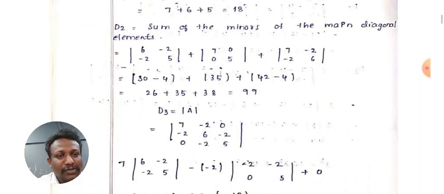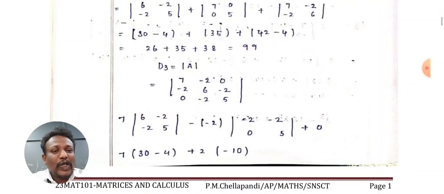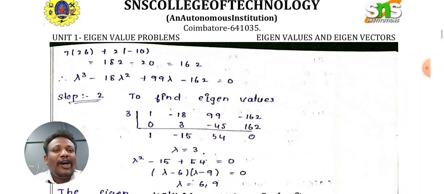Let us move to find d3. We know very well how to find d3 for a 3 by 3 matrix. It is the determinant of A. We also know how to find the determinant of a 3 by 3 matrix. You just write all the elements in the determinant, then simplify as per the determinant concept. Your answer is 162.